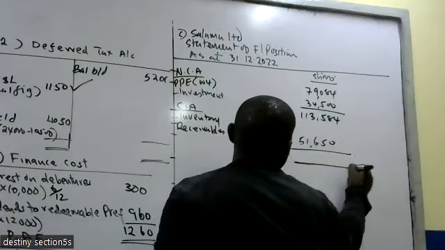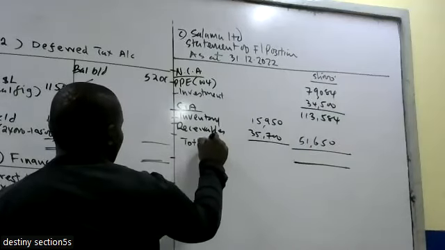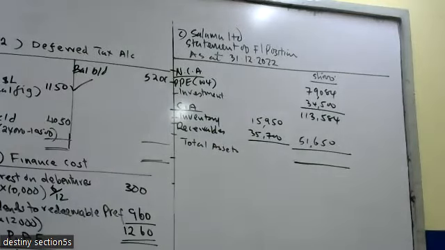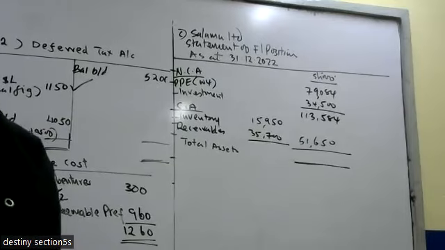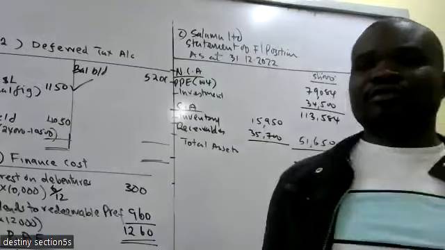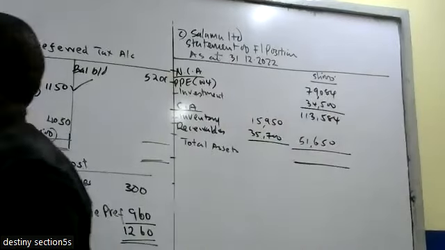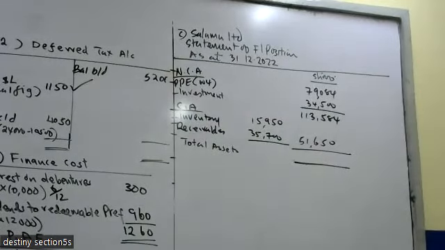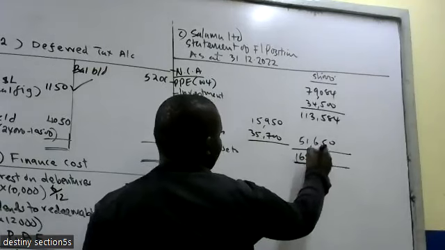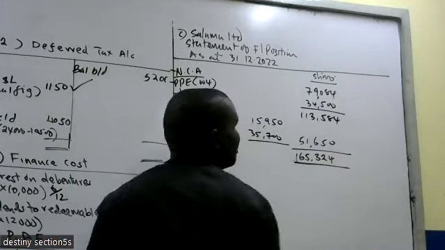So total assets. Total assets will be how much? 165,324.